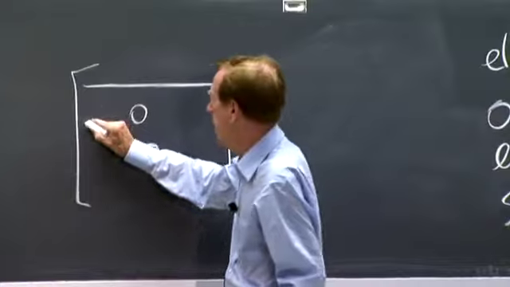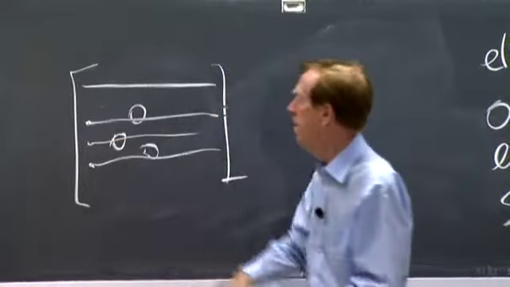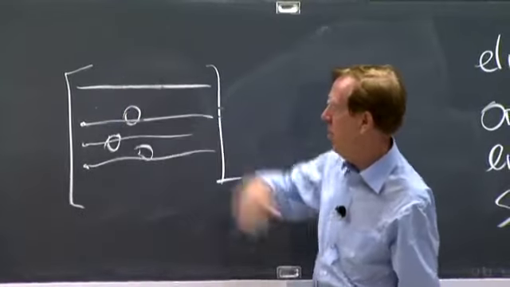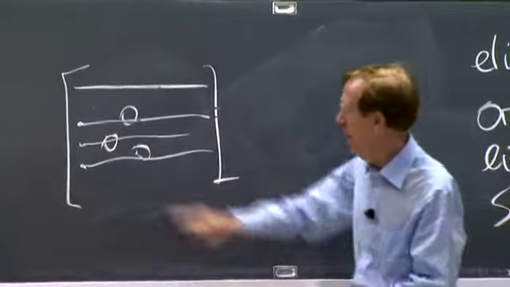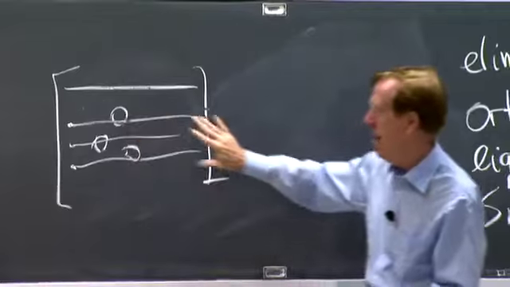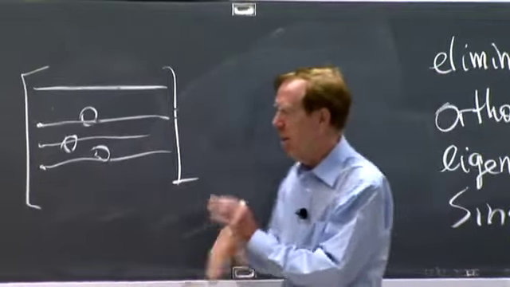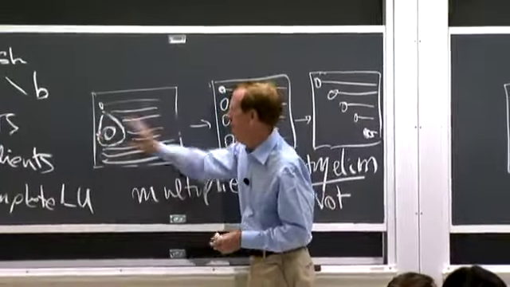Because when I go to do elimination on these rows, when I subtract a multiple of that row from that row, that zero will fill in. It didn't help. It's gone. And this and this. So zeros near the diagonal are often going to fill in. It's zeros at the far left that are good.